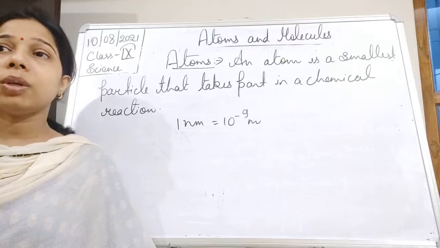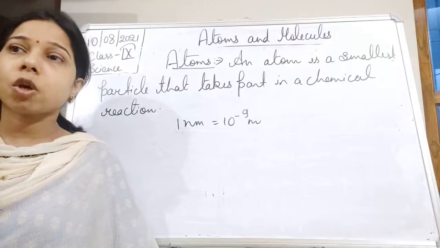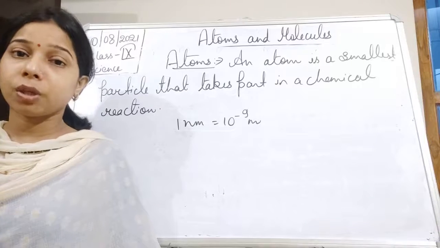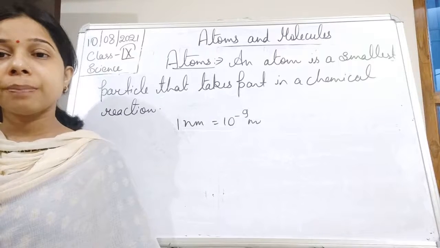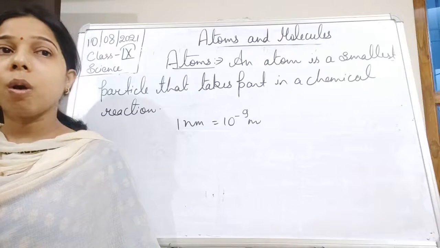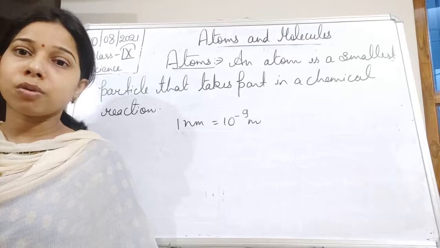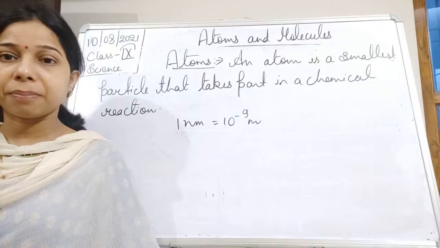And then we have seen, students, how the postulates of Dalton's atomic theory help in explaining the laws of conservation of mass and the law of constant proportion. This is also explained with the help of Dalton's atomic theory.